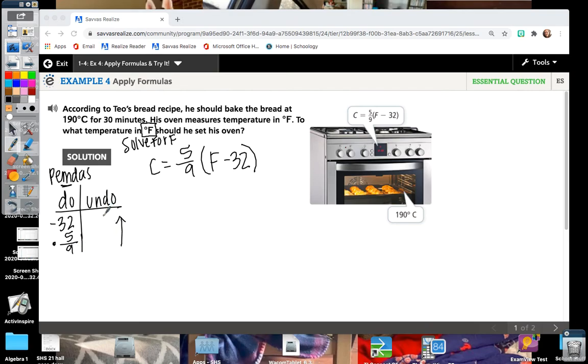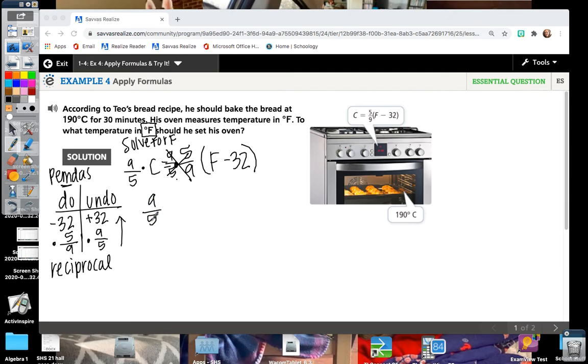Work your way up the table. So we can divide by 5 over 9, or again, like I said on the last problem, multiply by the reciprocal, which just means flip your fraction upside down. And then instead of subtracting 32, we're going to add 32. So multiply by 9 over 5, which will cancel it out, and bring it to the other side.